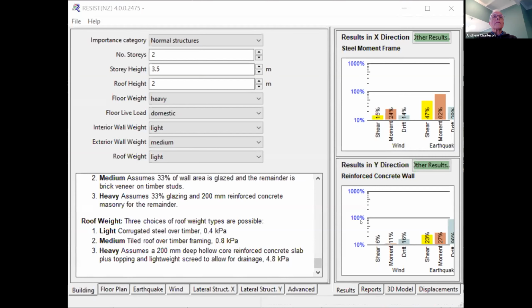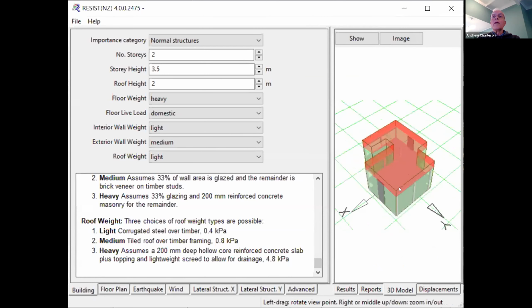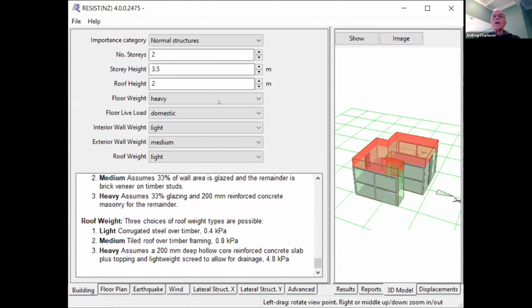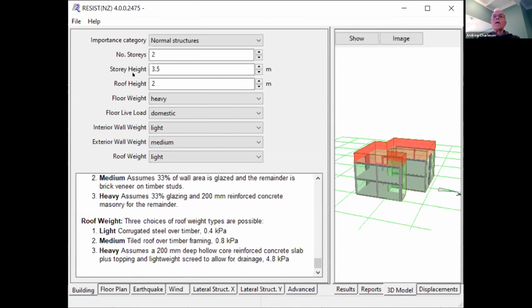Good afternoon, Mr. Andrew. This is my result. This is the 3D model. It's 2-story height. Each floor has 3.5 story height. The number story is 2. The roof height is 2 meters.